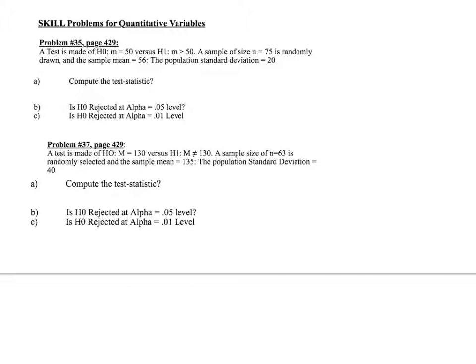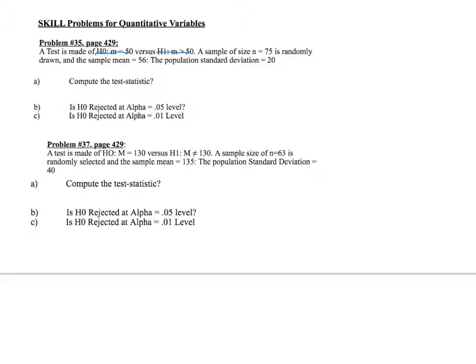So in problem number 35 on page 429, it says a test is made of H0: mu equals 50 versus H1, the alternative hypothesis, mu greater than 50. A sample size of n equals 75 is drawn, and the sample mean is 56, right?